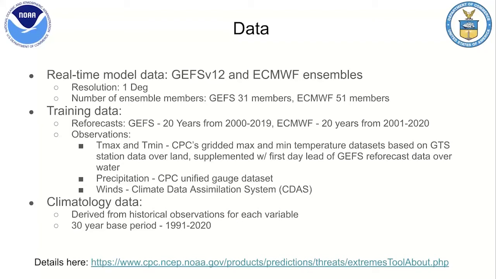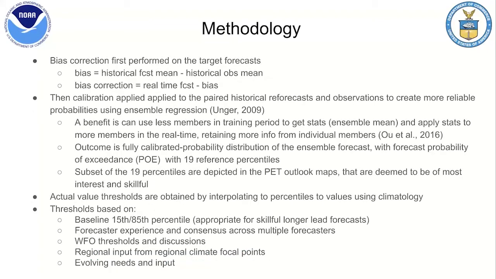The climatology data is basically a mapping of percentiles and actual values. There are more details if you go to the public tools page, which I'll show a little bit later. There's a link that will point to it, and this link at the bottom gives you a description of the tool itself and a little more detail.